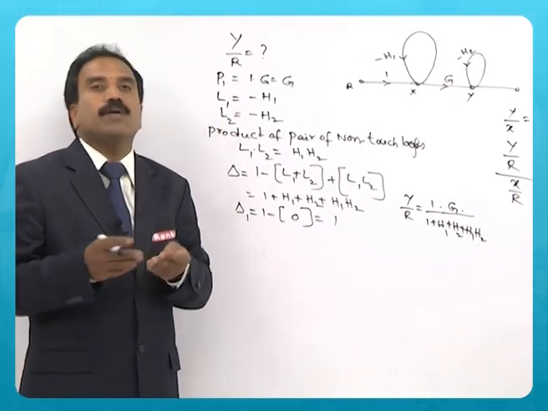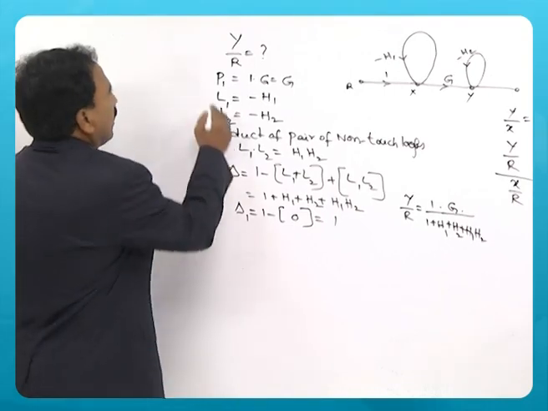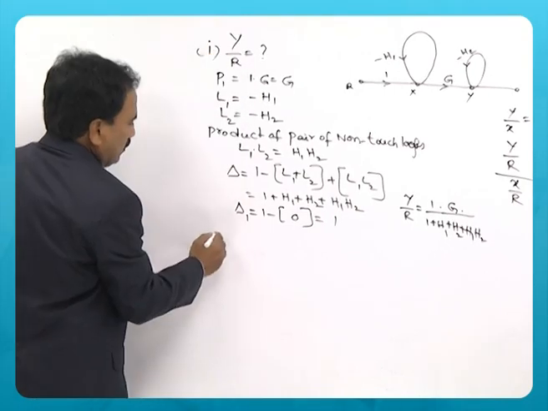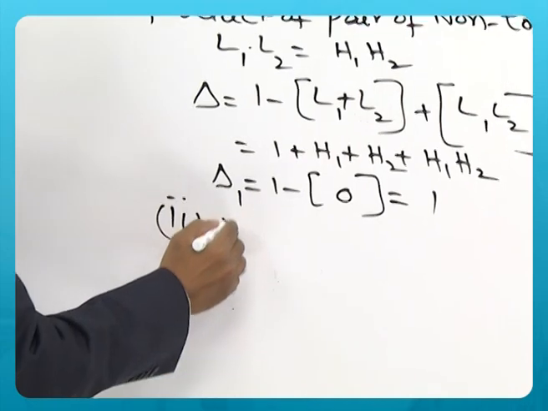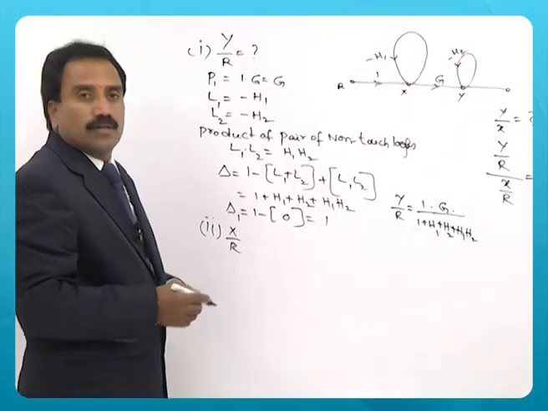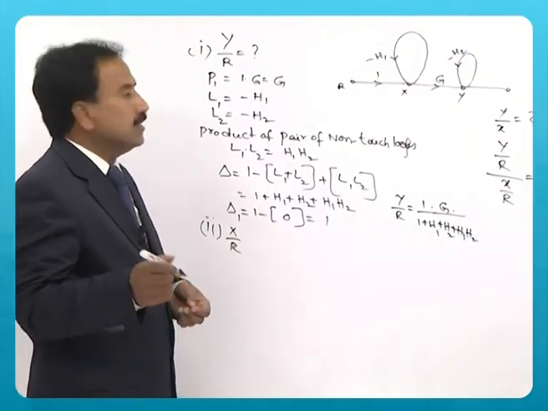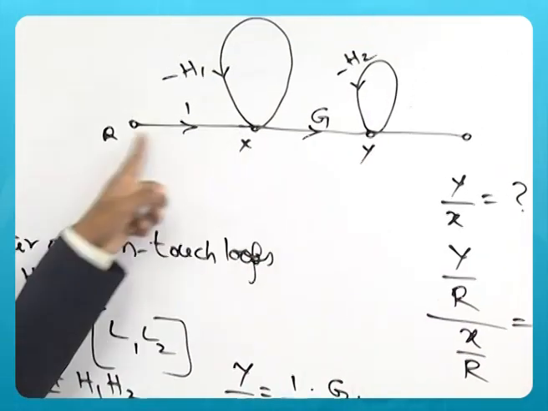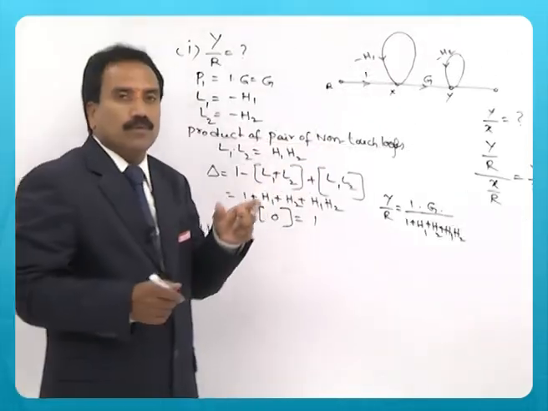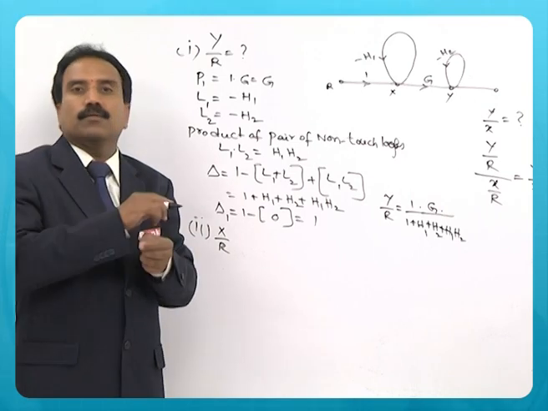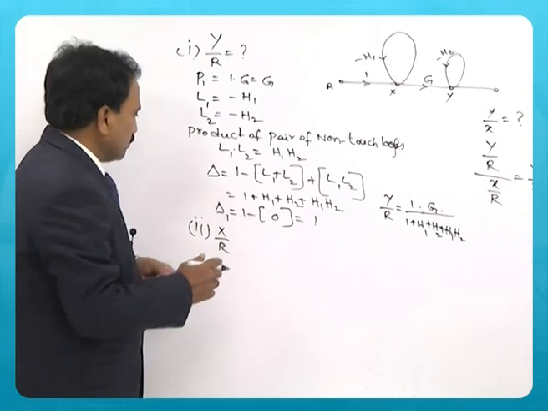Next you need to get x by r. In that case you should consider x as output and r as input. So what is the gain of the path connecting input and output?